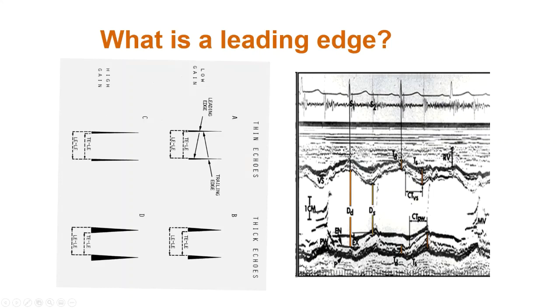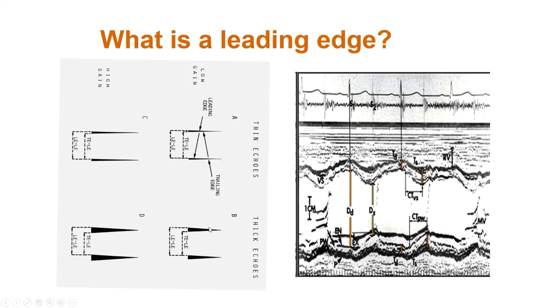In making measurements of these cardiac structures, it really made a big difference how thick the echo was that was returning, and whether you counted the thickness of, let's say, this line here as part of the wall or part of the cavity.